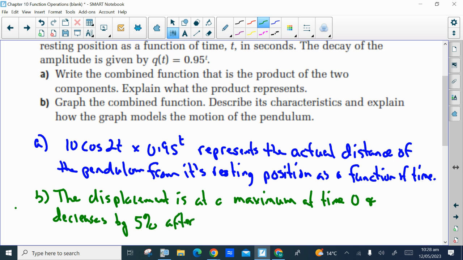Again, it's maintaining 95% of its displacement. That's what the 0.95 tells us, which means it's decreasing by 5% after each cycle. So that is what's happening.